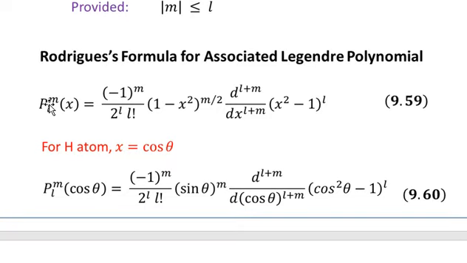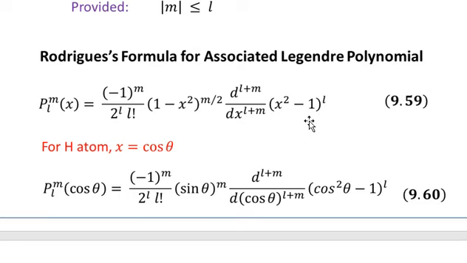So you have PLM as a function of x is equal to minus 1 raised to the power m divided by 2 raised to the power L times factorial of L, and then we have a term which is 1 minus x square raised to the power m by 2, and then we have the derivative d over dx, which occurs L plus m times. That is, the derivative of order L plus m is operating on the term x square minus 1 raised to the power L.